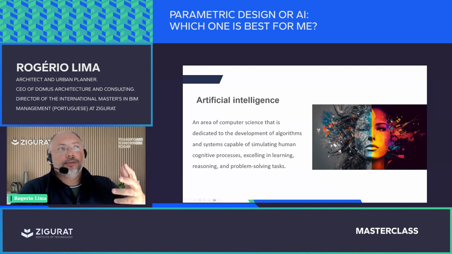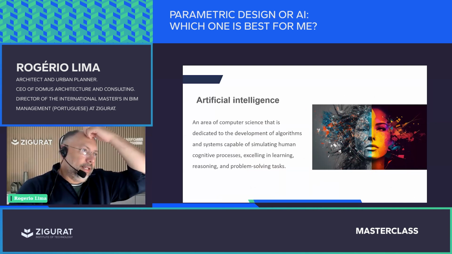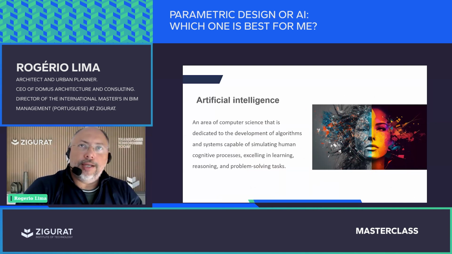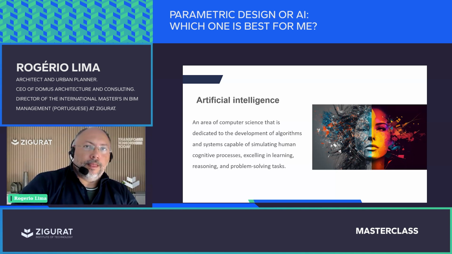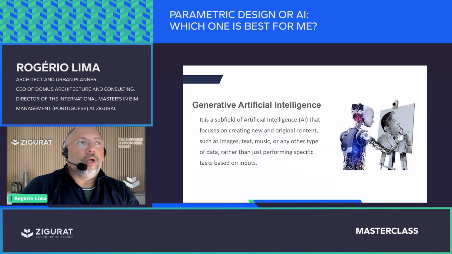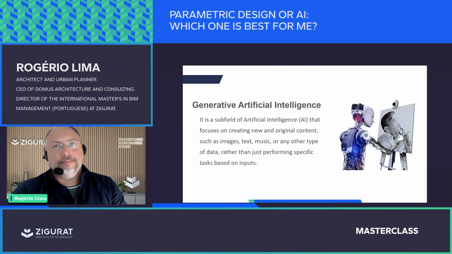And about AI, what is it? It's an area of computer science that is dedicated to developing algorithms and systems capable of simulating human cognitive processes, excelling in learning, reasoning, and problem-solving tasks. A subfield of AI, we have generative AI.